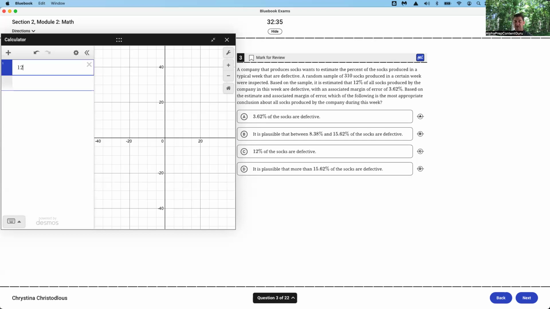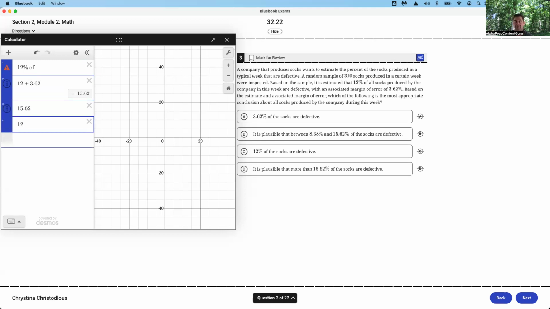So it could be 12%, but it could also be 12% plus 3.62%. So it could be 15.62%. And it could be the margin of error in the other direction, 12 minus 3.62. So it could be 8.38%.